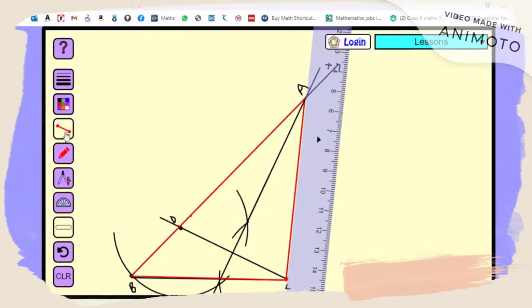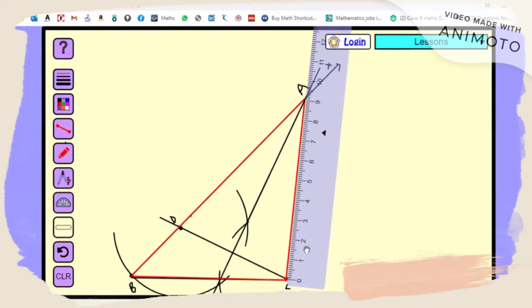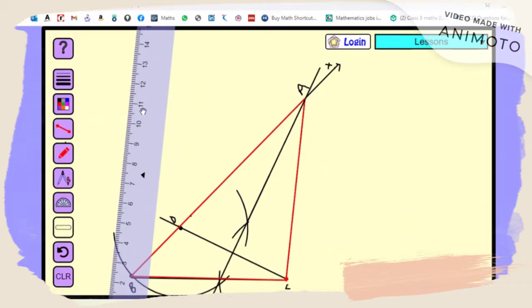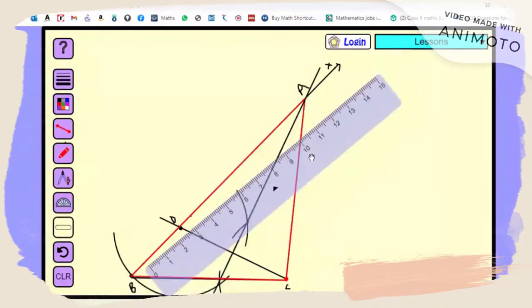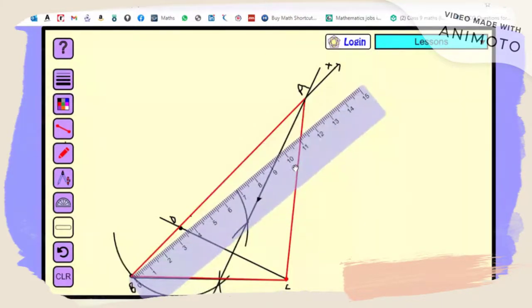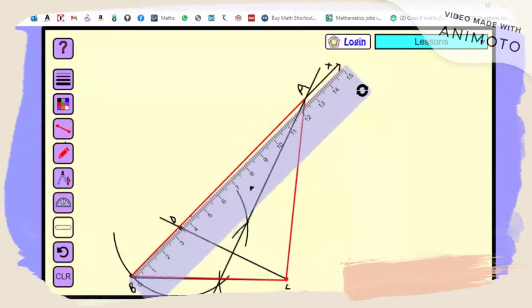So let's check what we have done. Let's measure it. It is around 9, we can say, almost 9. And let's measure it. It is around 12.5, almost.